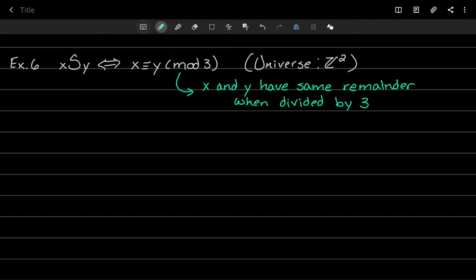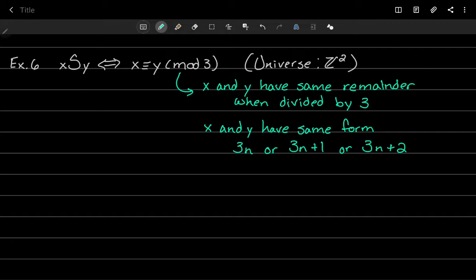Another way to think about this, okay, you could say x and y have the same form, and there are 3 different possible forms when you divide by 3. They can be 3 times a number, that'd be remainder 0, or they can be 3 times a number plus 1, because that's remainder 1, or 3 times a number plus 2, because that's remainder 2.